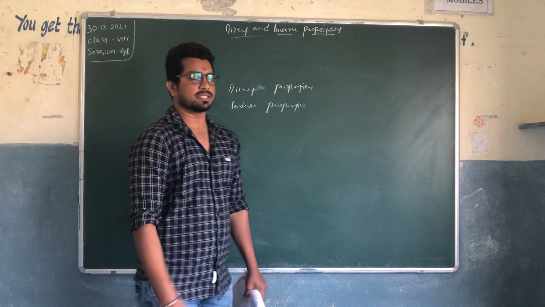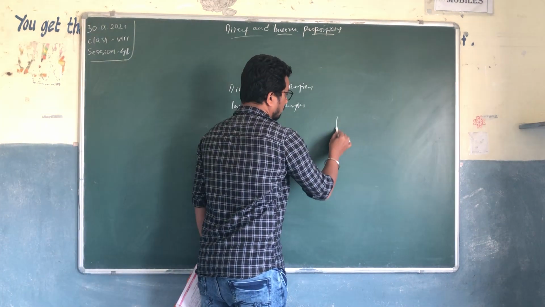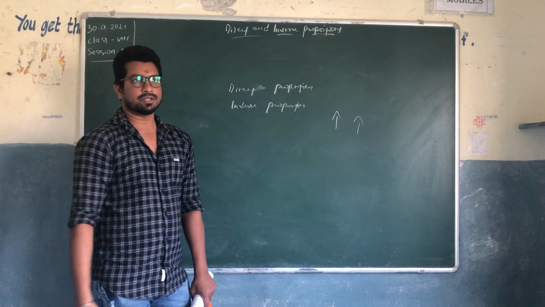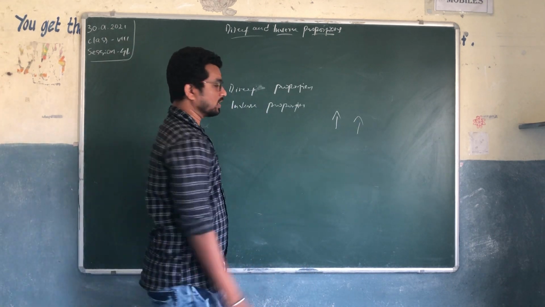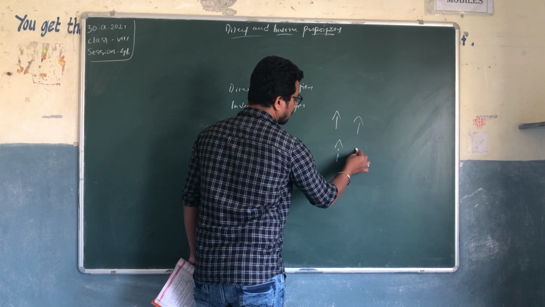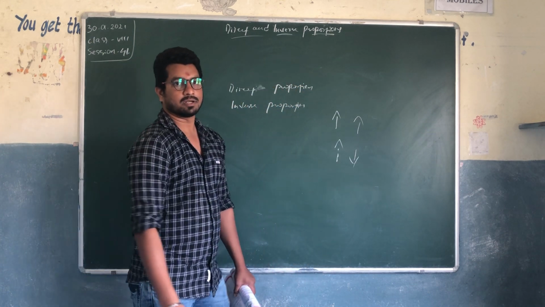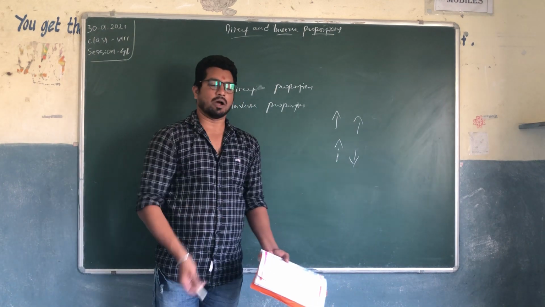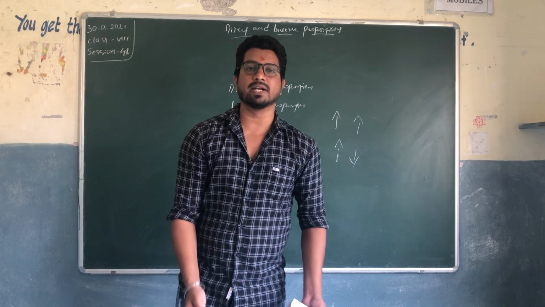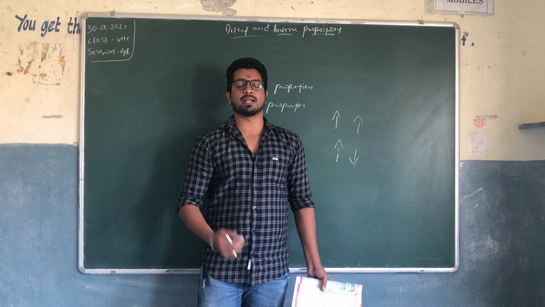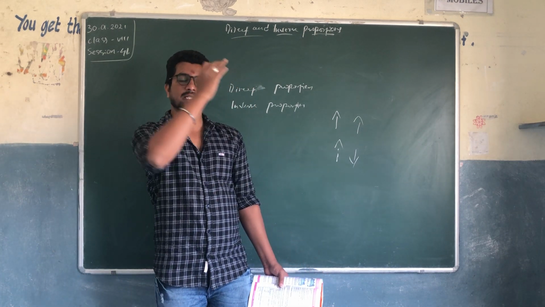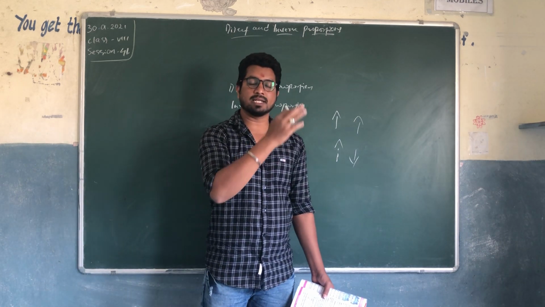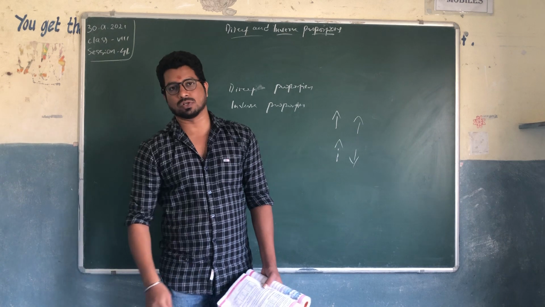Direct proportion is simply when quantity increases, quality also increases. Whereas in inverse proportion, when quantity increases, quality will decrease, or when quality increases, quantity will decrease. Not only quantity and quality, it can be anything when there are two categories: when one increases, the other decreases. This is inverse proportion. When both are increasing, that is called direct proportion.